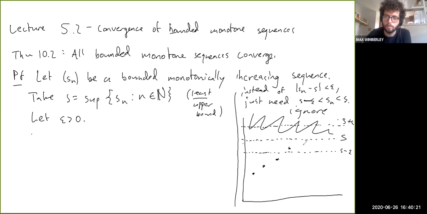Now we found a value that's inside the band that we want. But how do we make sure the sequence stays in there? Well, if you think about it, there's nothing we really have to do. Since the sequence has to keep increasing, it's not allowed to jump out of this band again. It has to keep going. So this is what we need.